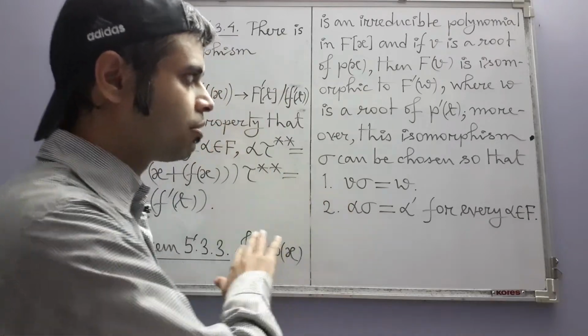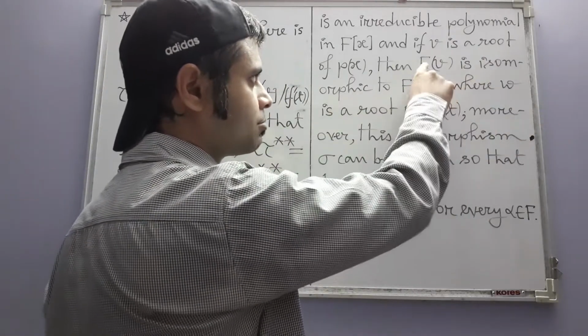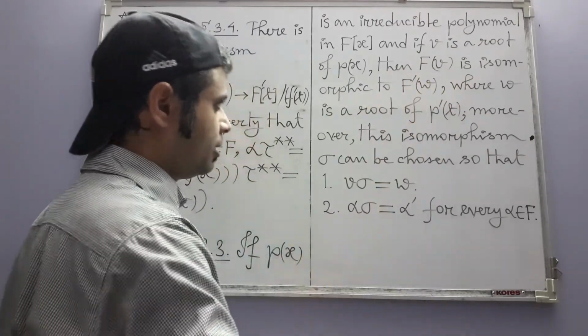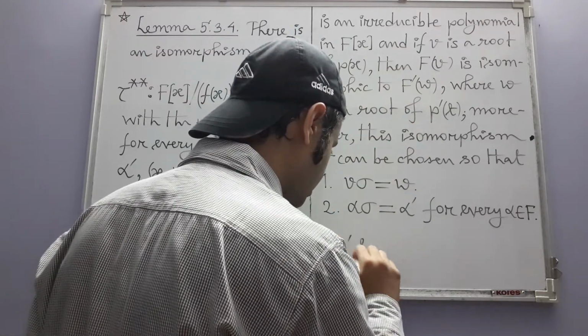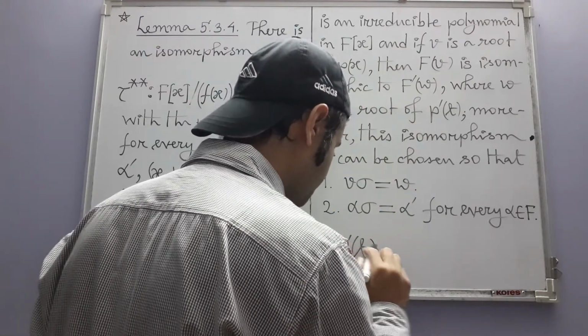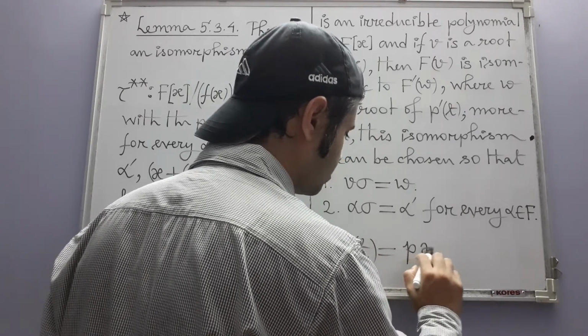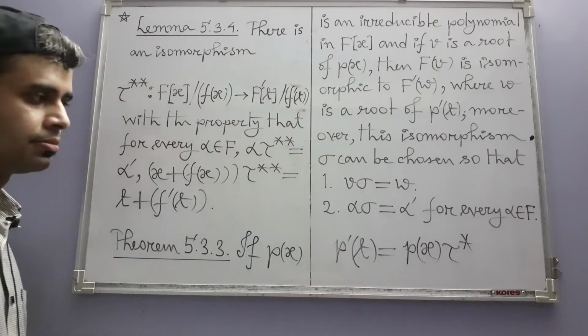Here also our original setup has not changed. Still F prime is that field isomorphic to F, and p prime(t) is nothing but the image of p(x) under that function tau star.